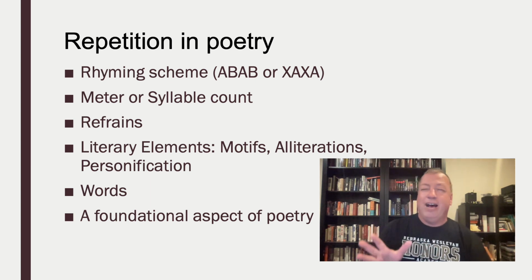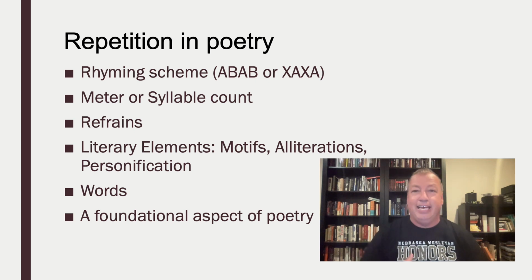I love, right now, I don't know why, refrains. I use them in my own style or use a lot of the poetic forms that ask for them. Just like in a song, the chorus is repeated. That is a powerful way that we use repetition in poetry.